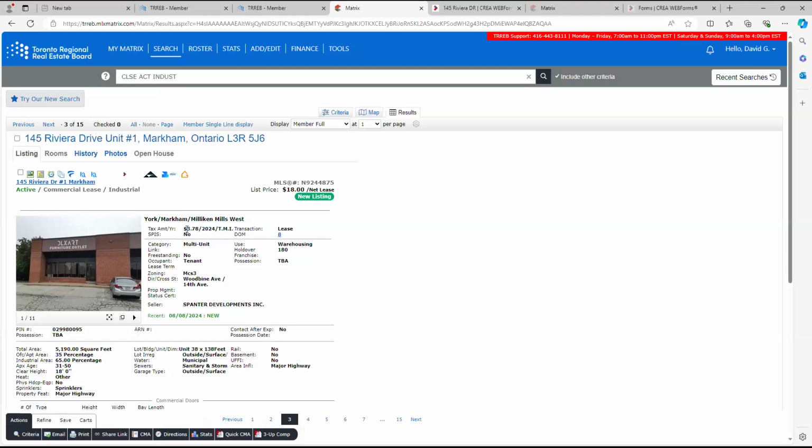The landlord sometimes adjusts it according to the property evaluation. Sometimes the city may increase the property tax, and in this case the landlord pays more property tax, so of course they can increase TMI. So this one, please remember, it's not negotiable. Only the net rent.